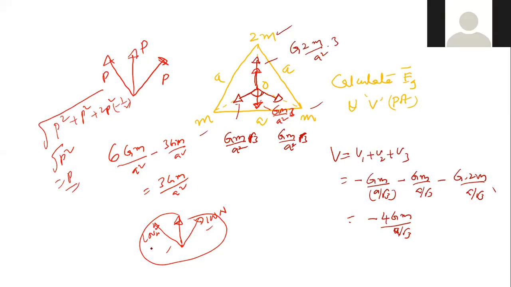Yes, sir. The whole of electrostatics becomes just a matter of repeating things with relevant numbers, replacing the G with 1 by 4 pi epsilon and the mass M with Q. Almost everything looks the same.